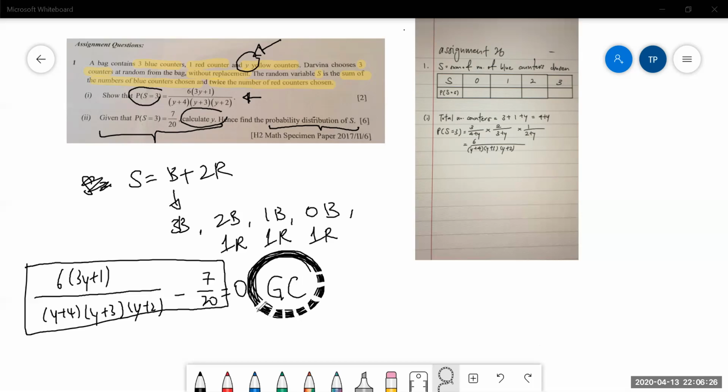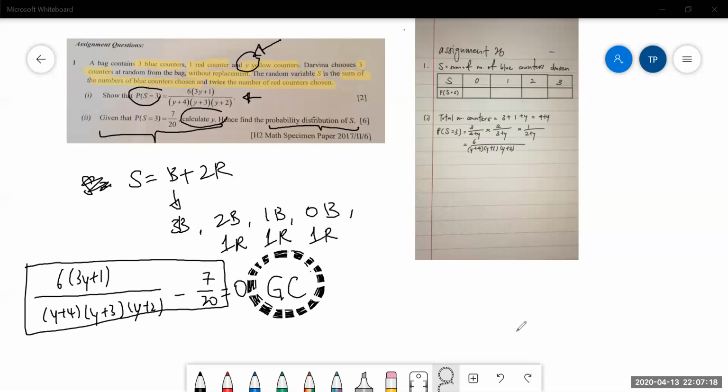Zoom out, zoom standard, you should be able to see clearer. How do I find 0? Second calc, 0.